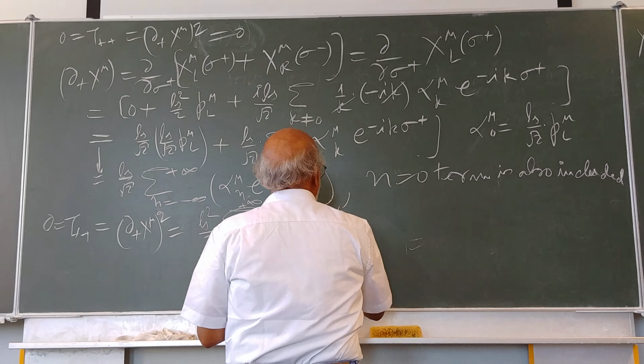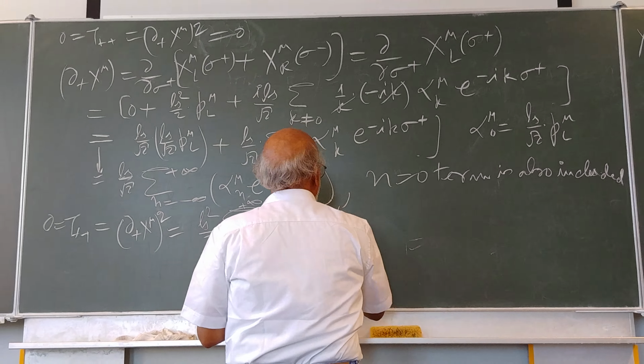A scalar product of two alphas, which means if you like, you can say alpha mu M dot alpha like this into e to the power minus i times M plus L sigma plus.